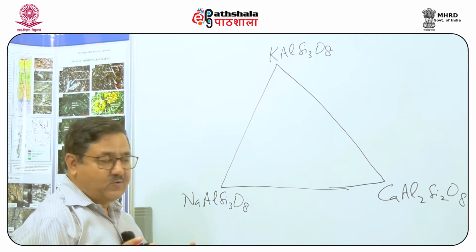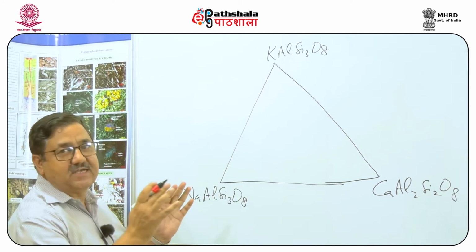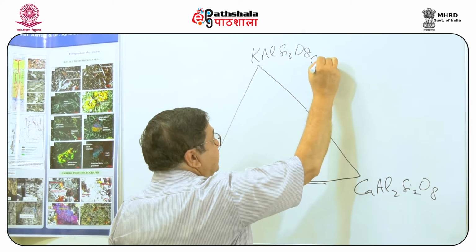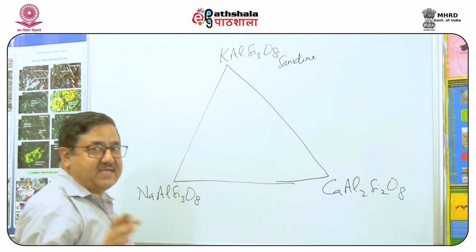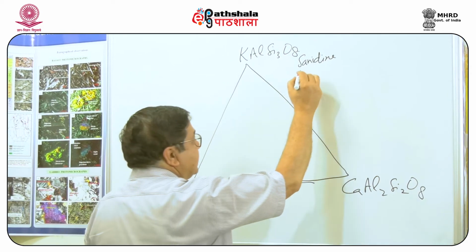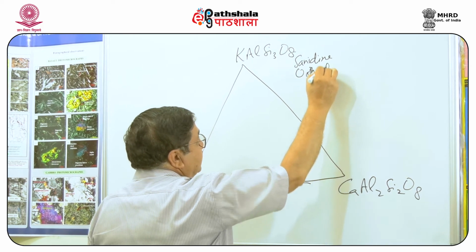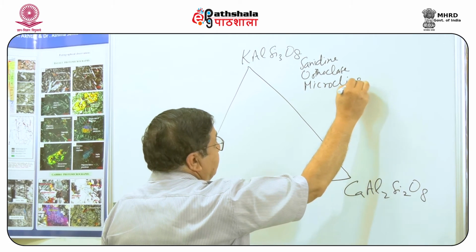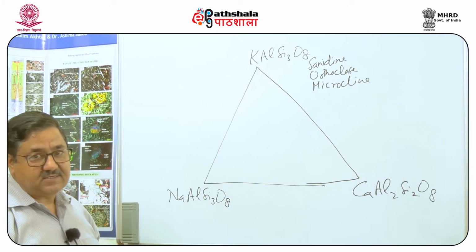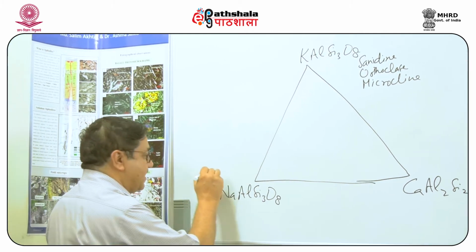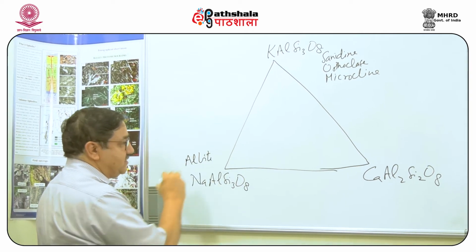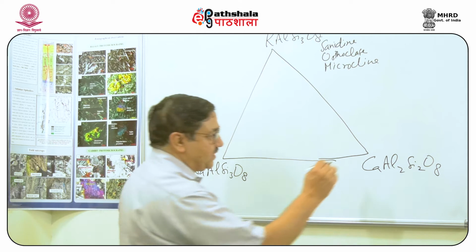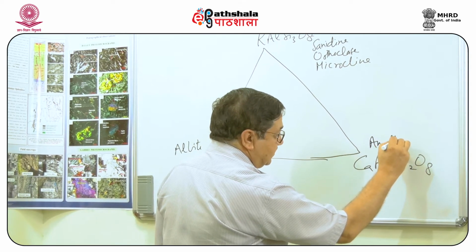If we look at this division, this represents 3 major groups. Within this, the feldspars which are individually present with their distinct structure include sanidine, orthoclase and microcline amongst the potassium feldspars, whereas the sodium feldspar is albite dominantly, and the calcium end member feldspar is known as anorthite.